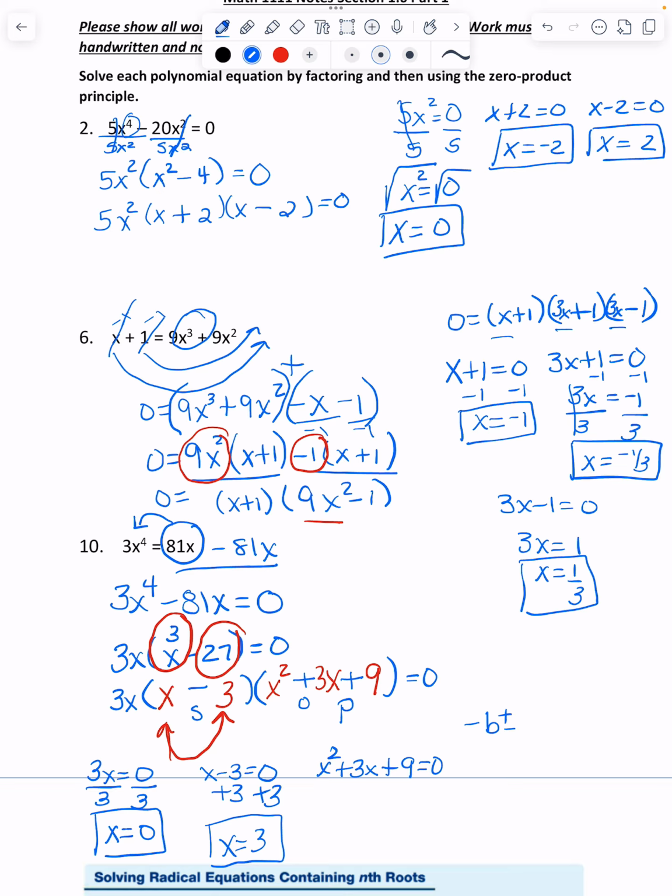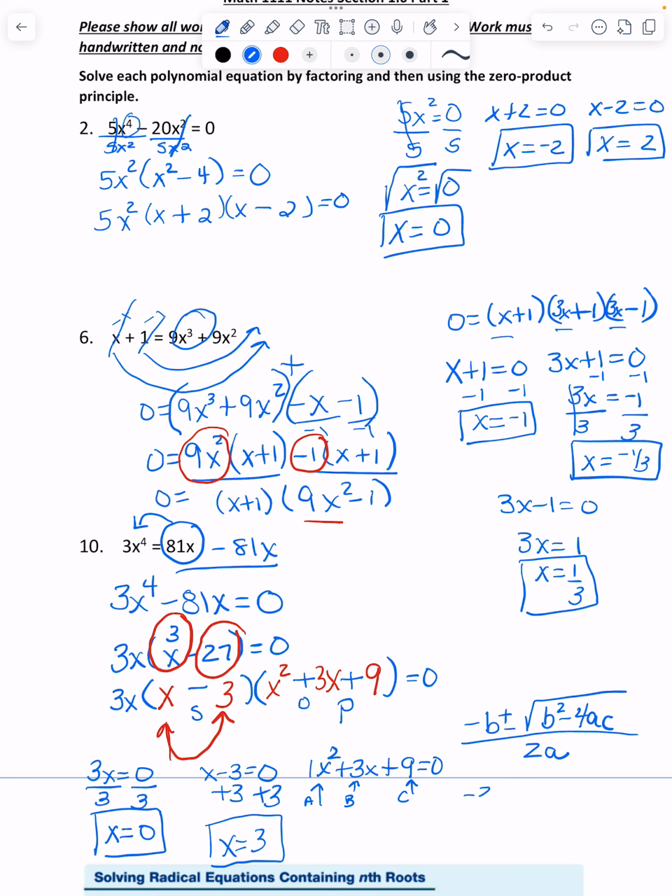So let's use the quadratic formula. Negative b plus or minus the square root of b squared minus 4ac, all of that divided by 2 times a. So in this problem, b would be 3. A would be the number in front, that's going to be 1. And C is going to be 9. So let's plug it in.